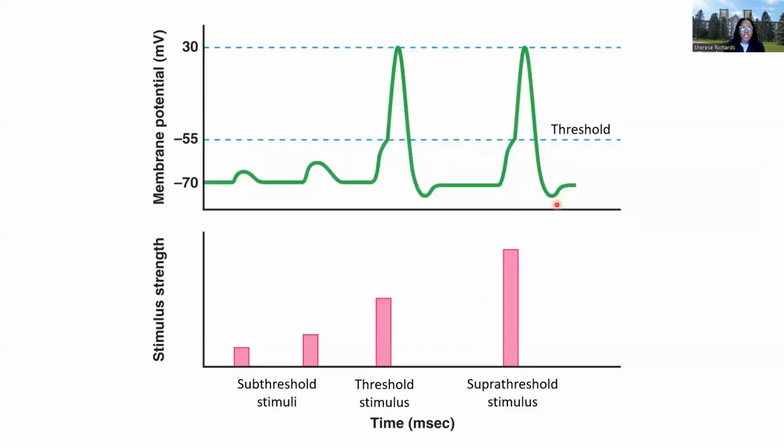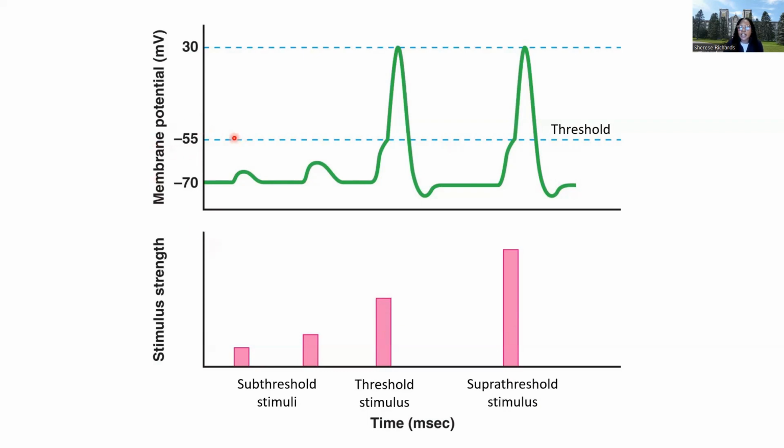So here's just an illustration of that. Here's one graded potential, a slightly larger graded potential, not enough to get us to threshold. Here is a third graded potential, which is large enough to get to that threshold, and so we generate an action potential. And then if you look at the size of the stimulus on the graph at the bottom, here's the difference between this stimulus and a supra-threshold stimulus, which is a larger change in the membrane potential that's going to be bigger than negative 55.